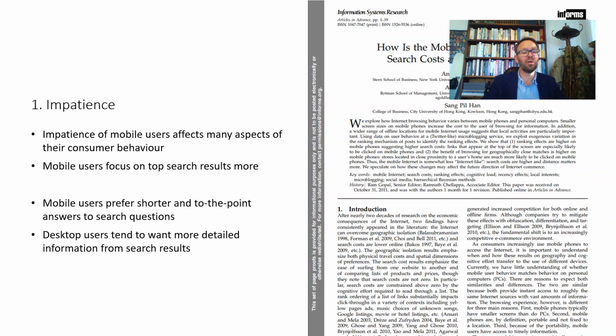Mobile users also prefer shorter and to the point answers to search questions. The reason for that is often because when we're using our mobile phone, we're out and about, or we're easily interrupted by the people that we're with, right? Whereas when you're sitting at your desktop, usually you're sitting down, like I am now, and you're committed to that place.